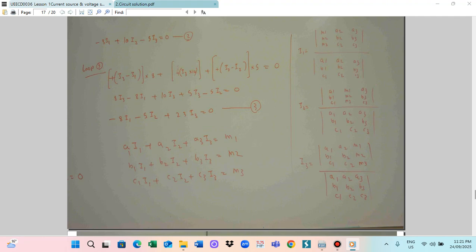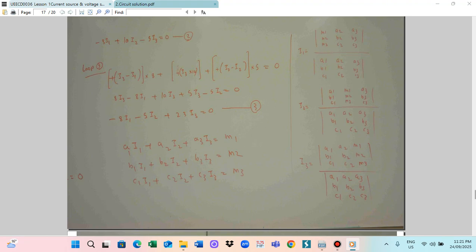Then we solve this one. This gives minus 8I1 and minus 5I2. I3 is everything: 8 plus 10 plus 5, which is 23 I3, equal to 0.